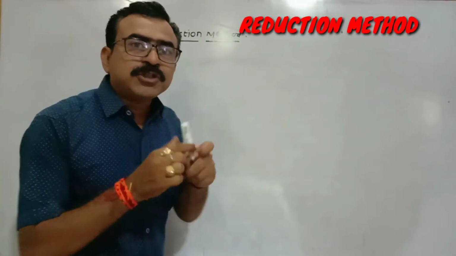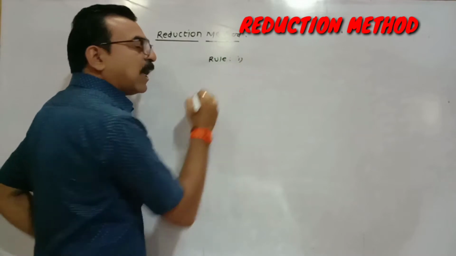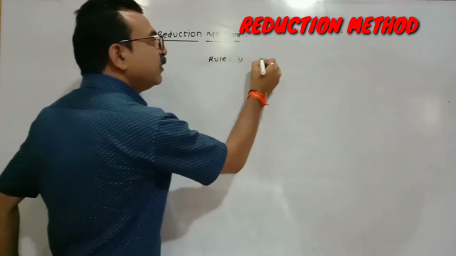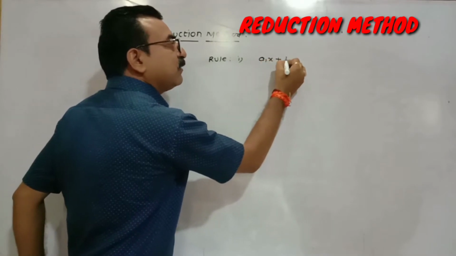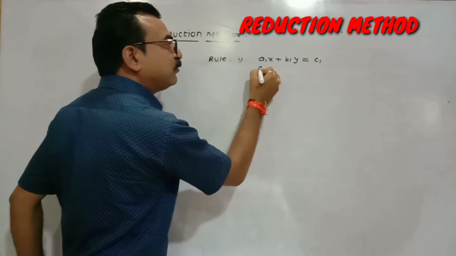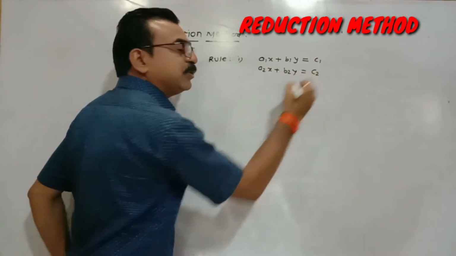So friend, what is your first rule? Your first rule is write down the given linear equation in a standard form. Means write down the given linear equation in the form of a1x plus b1y is equal to c1 and a2x plus b2y is equal to c2.